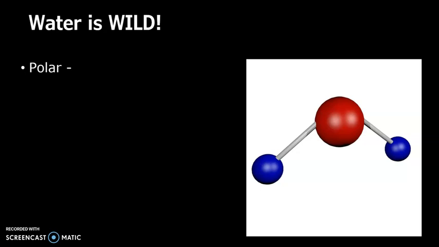And the reason is because water is polar, and that means that it is charged because of an uneven distribution of electrons.